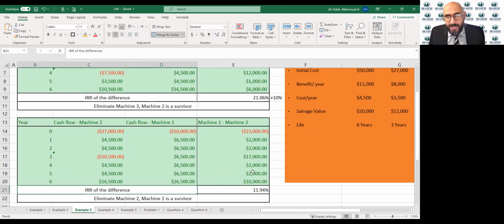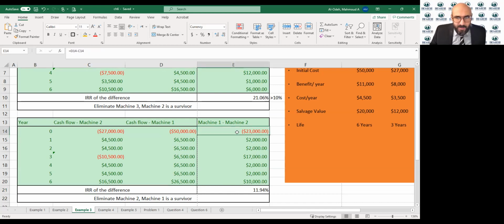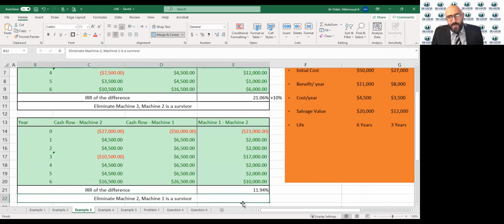And now we subtract the higher cost machine from the lower cost machine. Again, they just follow the guideline that I provided you for the incremental analysis. And we created this column to find the incremental analysis for both. And we find the IRR to be 11.94%.